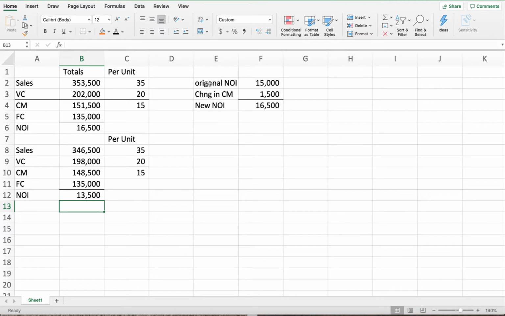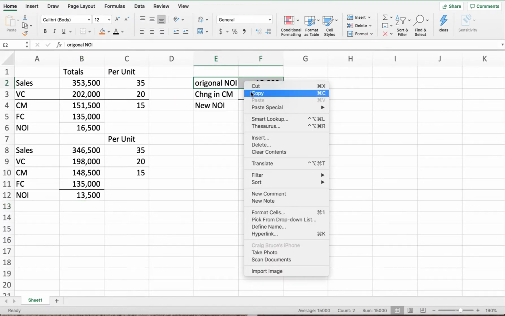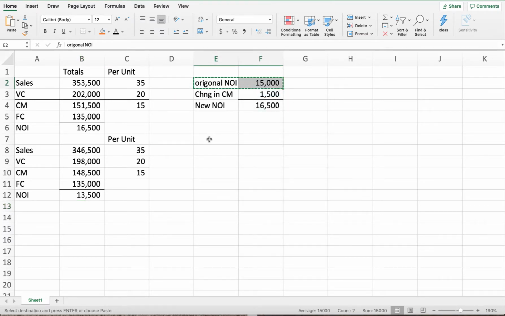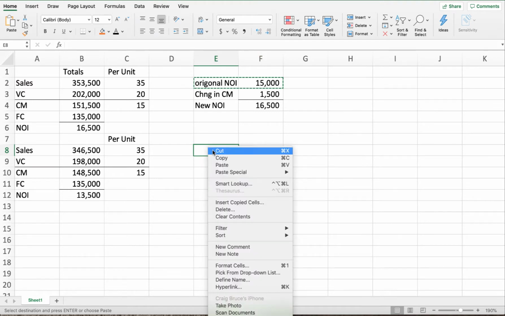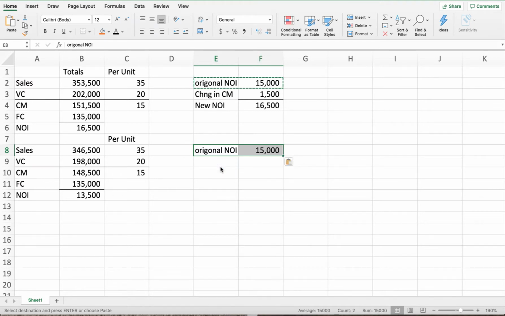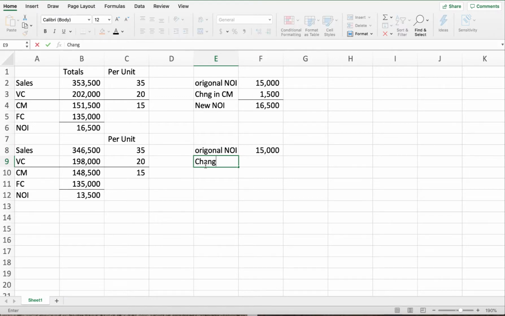So I know that my original net operating income was $15,000. I can now calculate the change in contribution margin while I'm selling 100 units less.